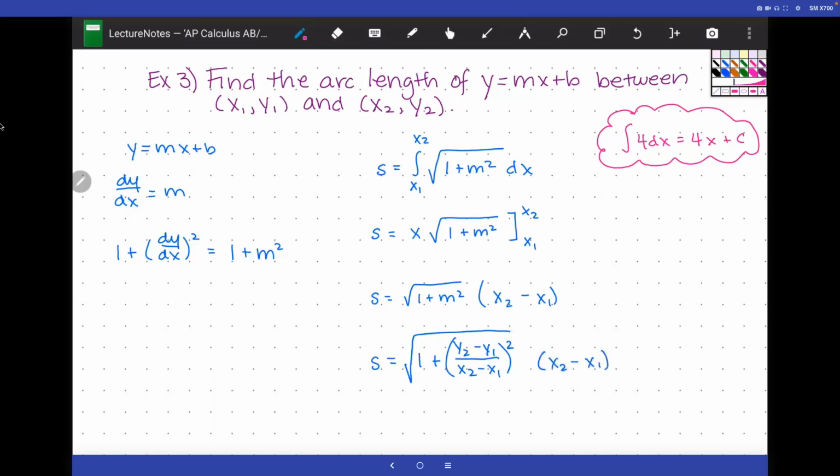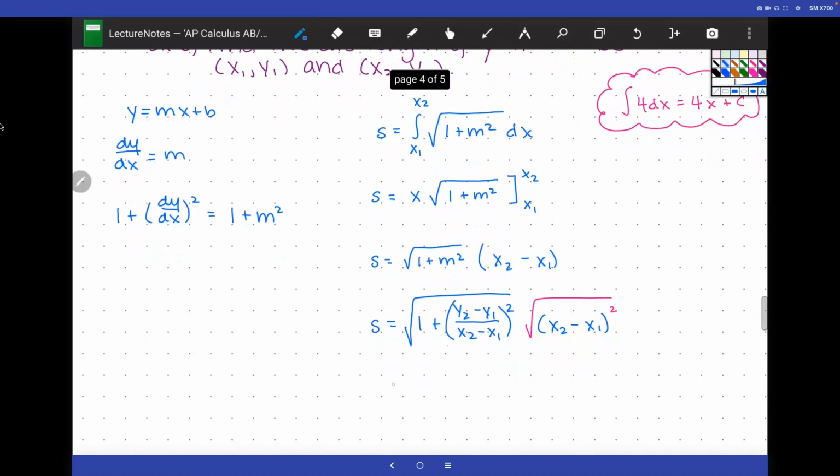Now I do notice, hey wait, this x2 minus x1 is being multiplied by a fraction with that in the denominator. I can't actually multiply them yet because this is inside a square root and this one isn't. So how about I square this and put it inside a square root? Because then I can go ahead and multiply the two radicands together. So let's see here, what do we get? We're going to multiply that by the 1. That's easy. That's just x2 minus x1 squared.